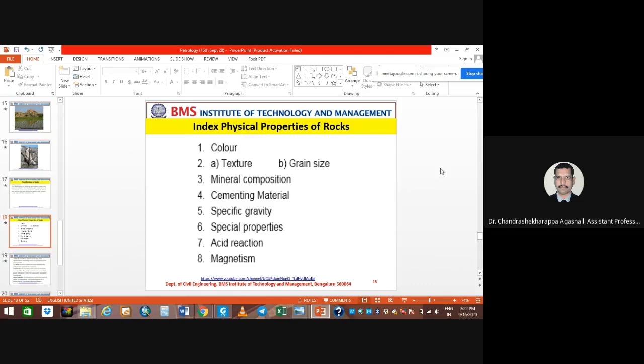Those things you can easily identify if you have the hand specimen of the rocks. After completion of these slides, I'm going to show you how the rocks look, and how we are going to study this and identify the rocks with the help of these properties, right?